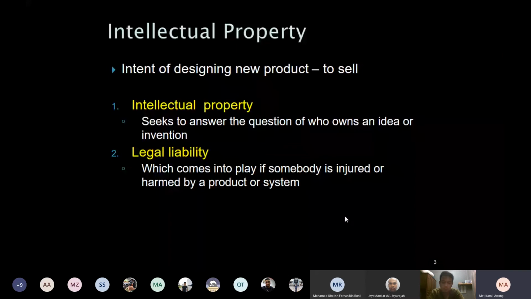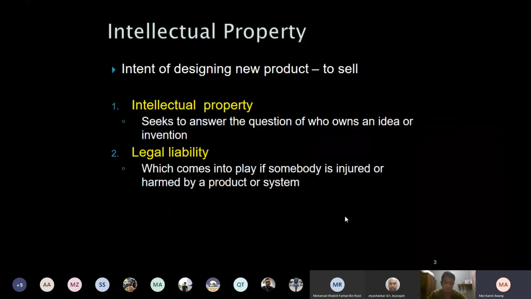When you know who owns that product, that idea, that invention, then you can assign the liability to the owner of the product or of the invention.